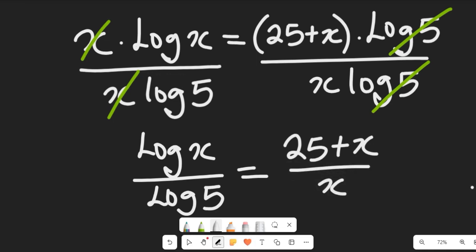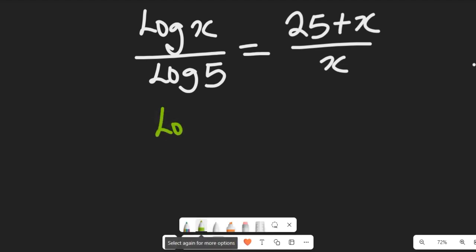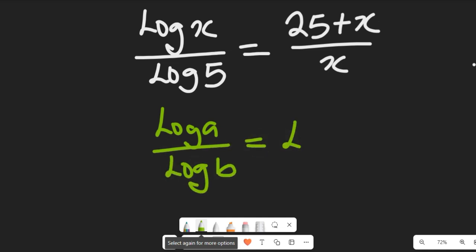Great. Now let's move this solution further. Recall one unique law of logarithm: the log of a divided by the log of b is equal to the log of a base b, right? Let's apply it over here.